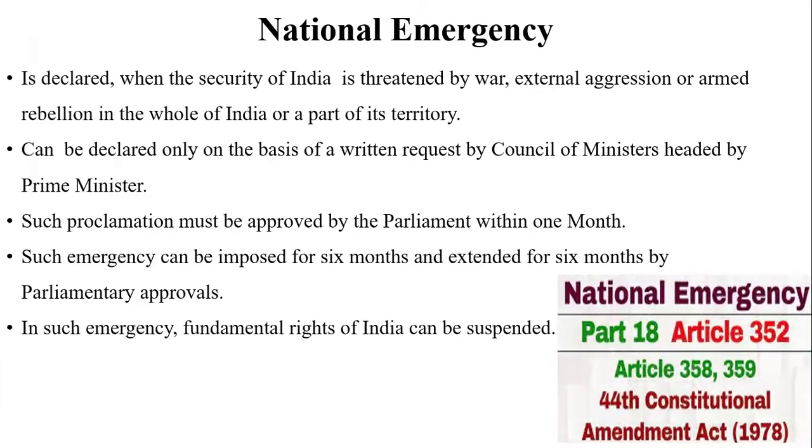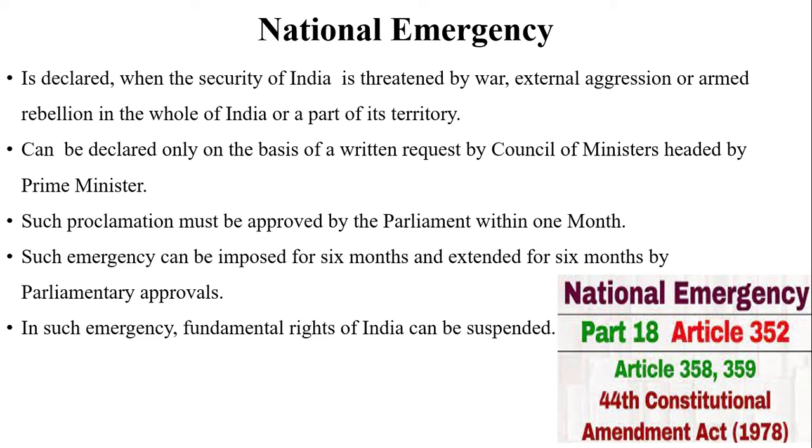National emergency is declared when the security of India is threatened by a war, external aggression, or armed rebellion in the whole of India or a part of its territory. National emergency can be declared only on the basis of a written request by the Council of Ministers, headed by the Prime Minister.